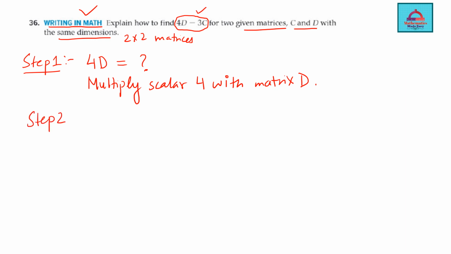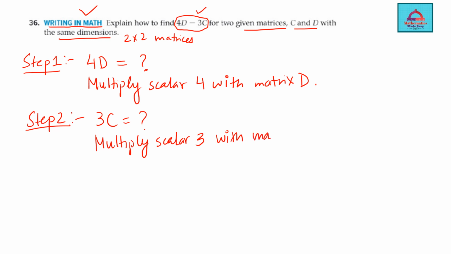Then step 2, you need 3C. What is 3C? You multiply scalar 3, meaning the number 3, with matrix C. After you get these two steps, 4D and 3C, what do you do? What's the sign in between? Subtract.